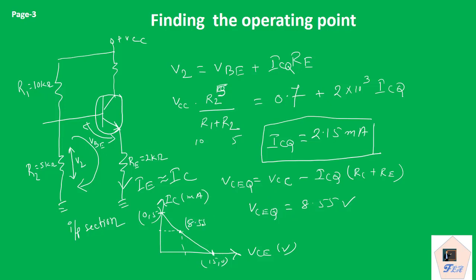So it is 8.55 comma 2.15. Here we have found the operating point or Q point.